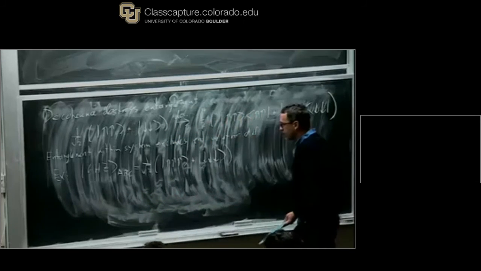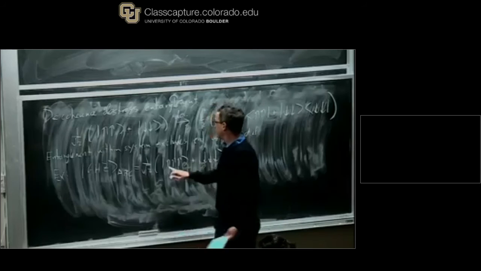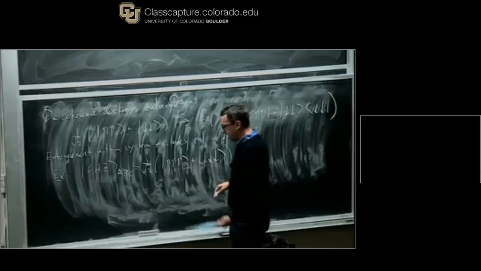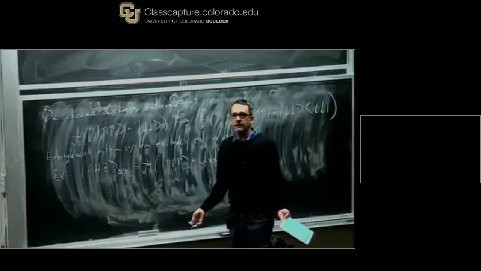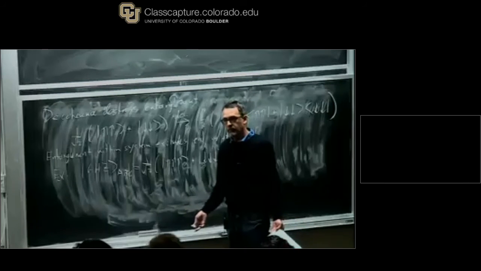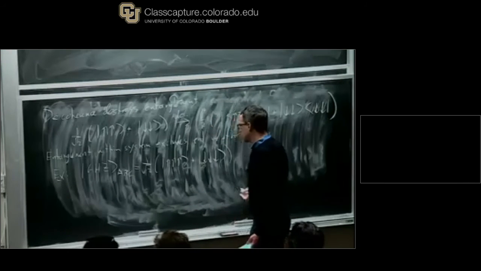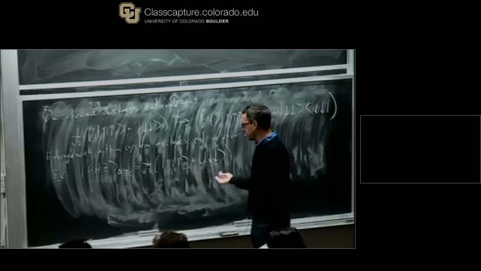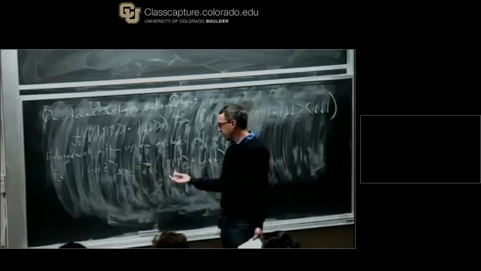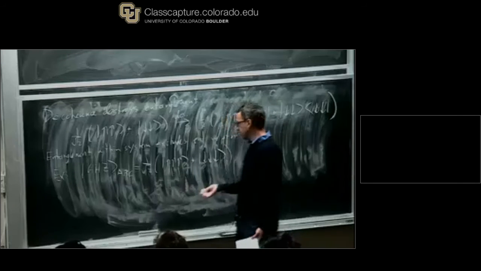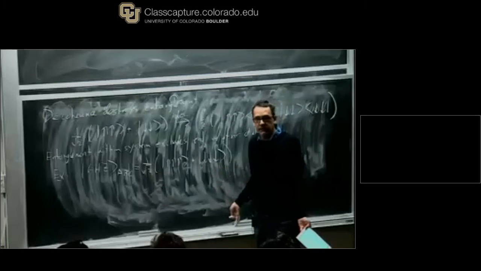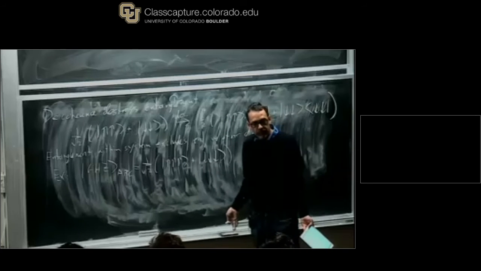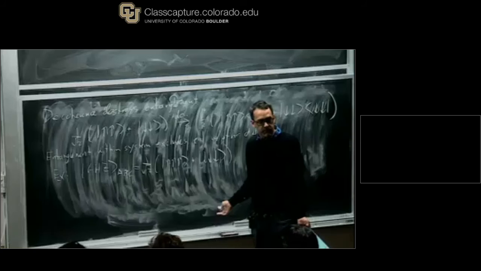Here's A, B, and C, and let me now ask the question: are A and B entangled? At first sight, you might say, well, clearly they're entangled because here I have a superposition of states. In the first state, A and B are both up, and in the second state, A and B are both down. So they're correlated within the superposition, so clearly A and B are entangled. And it's a superposition, it's not a mixture.